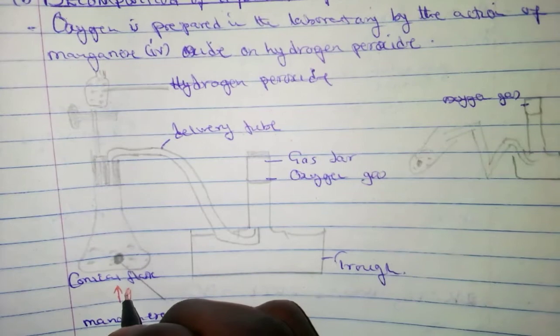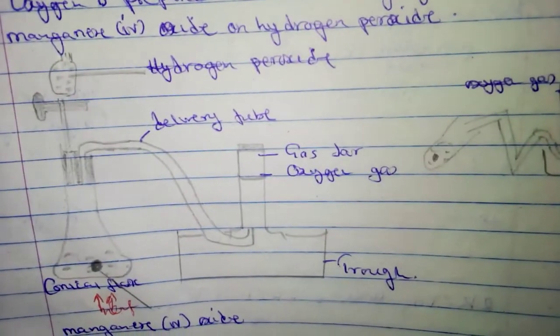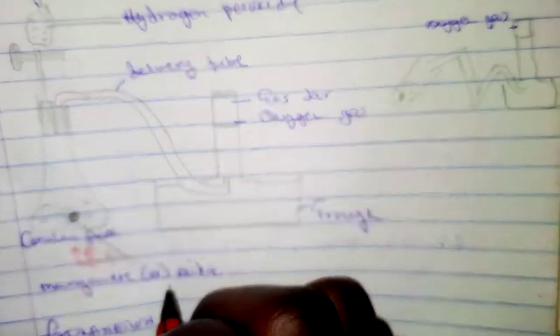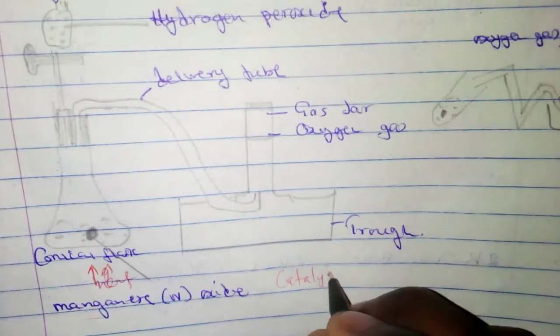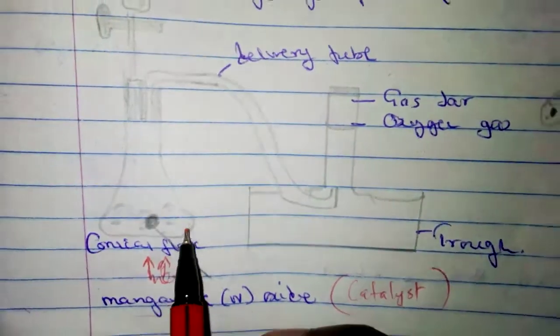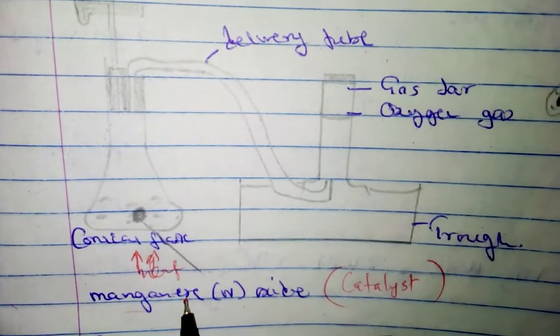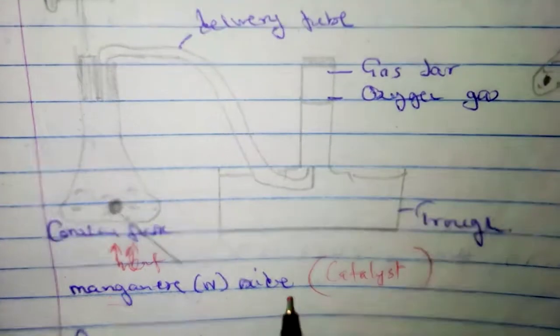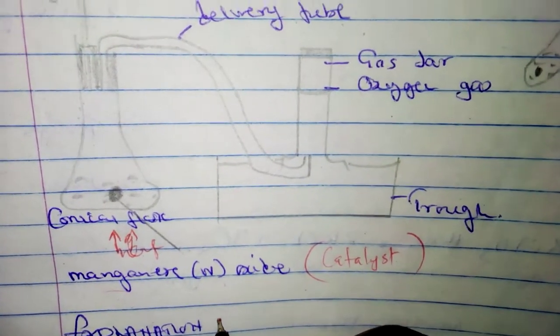You apply the heat there, then you use manganese 4 oxide as a catalyst. So it means this contains hydrogen peroxide inside, then you add manganese 4 oxide. The purpose of this one, as an emphasis, is a catalyst.